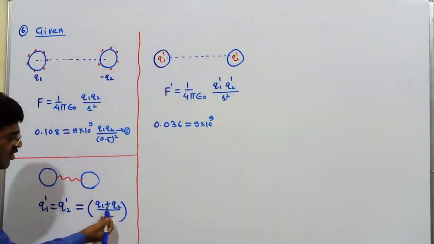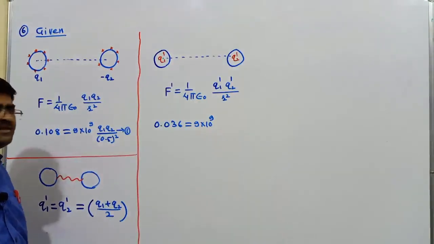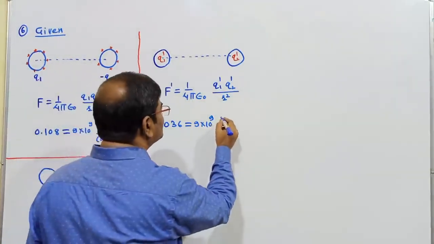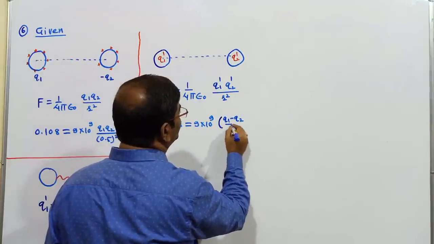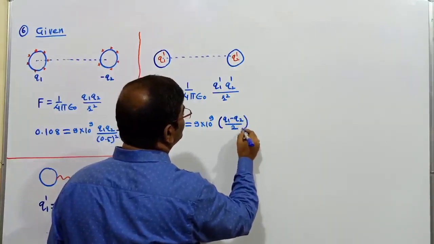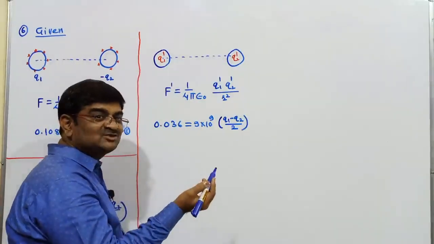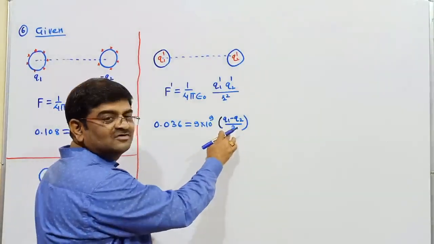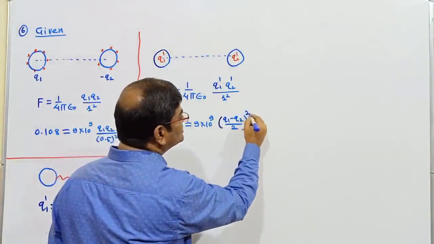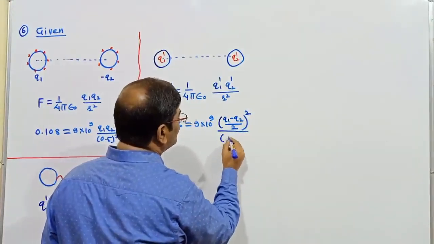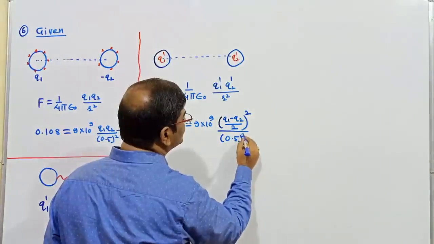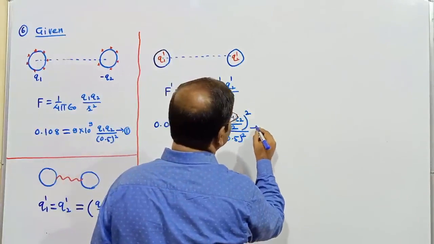You can write Q1 minus Q2. So I can write this as Q1 minus Q2 by 2, twice I should write. Q1 dash is this. Q2 dash, the same way. You can take this as a square, divided by 0.5 whole square. So let me call this my equation 2.